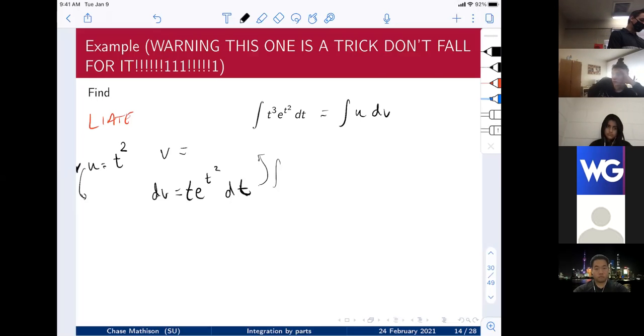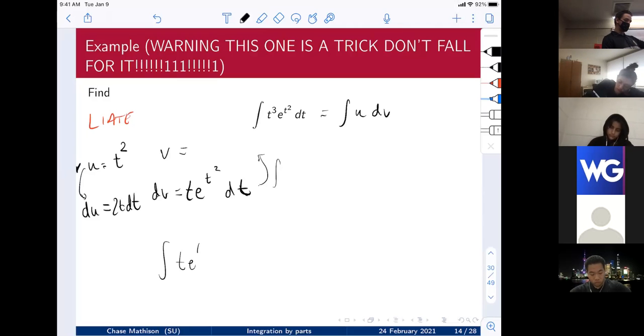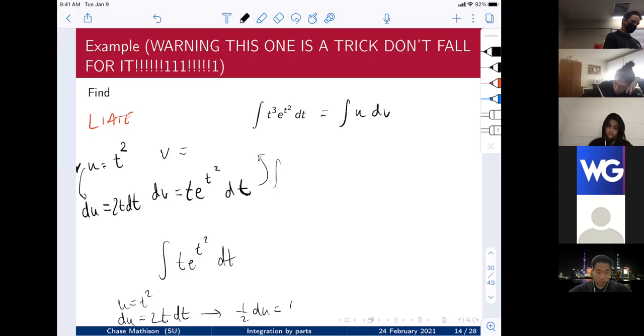If u is t squared, then what is du? 2t dt. Excellent. And then what is the integral of t e to the t squared? Careful. If we didn't know about integration by parts, how would you do this integral? This is a u substitution. You would let u be t squared, and then du is 2t dt, which means that 1/2 du is t dt.